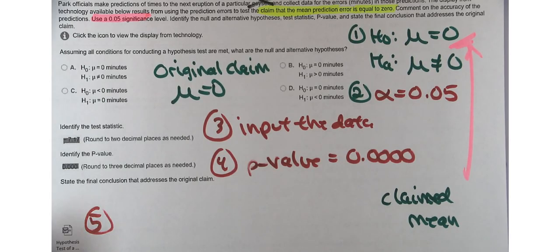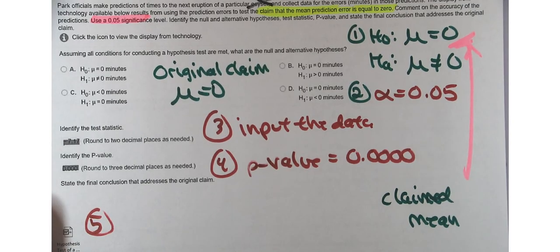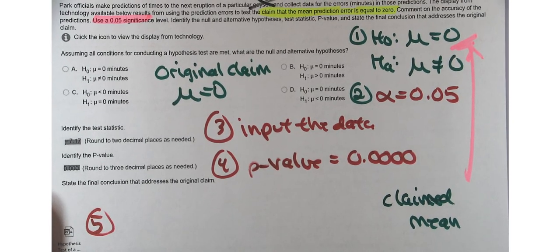What's our little mantra that helps us decide? If the p-value is low, the H naught must go. So is the p-value lower than alpha?